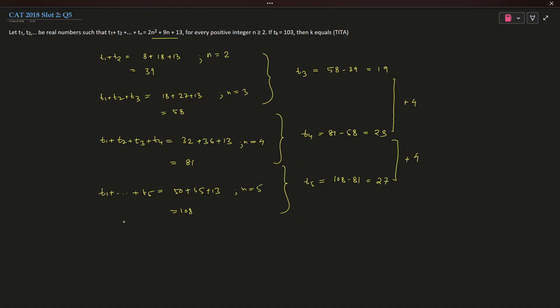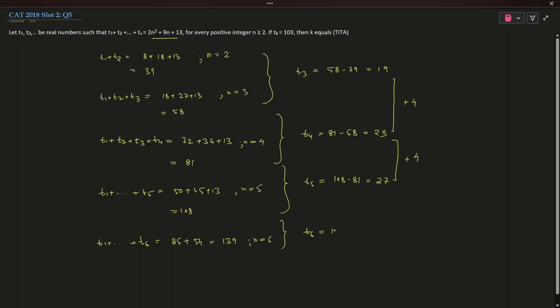Just for confirmation, I will also check T6. It will be n equal to 6. 6 squared is 36, 36 into 2 is 72, 72 plus 13 is 85, plus 6 into 9 is 54, so 139. When n is equal to 6, from these two, what will be T6?